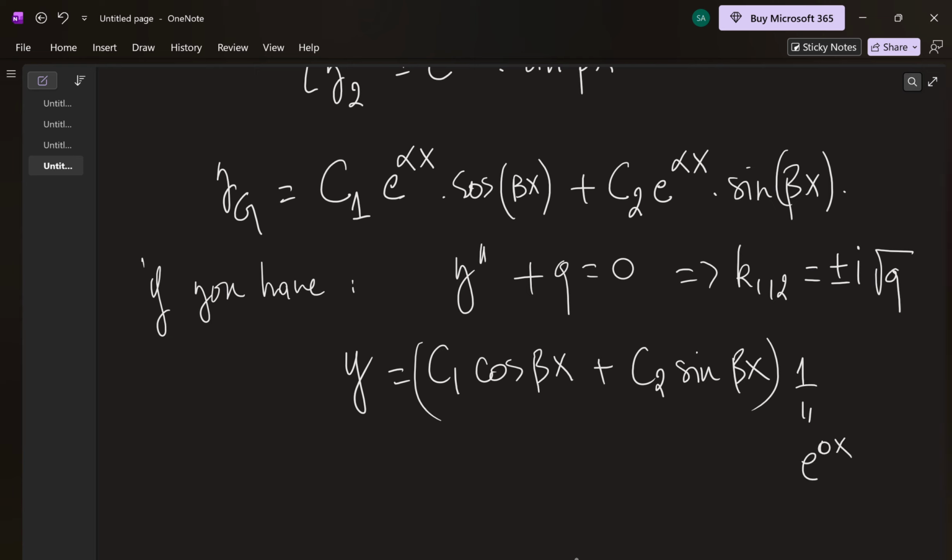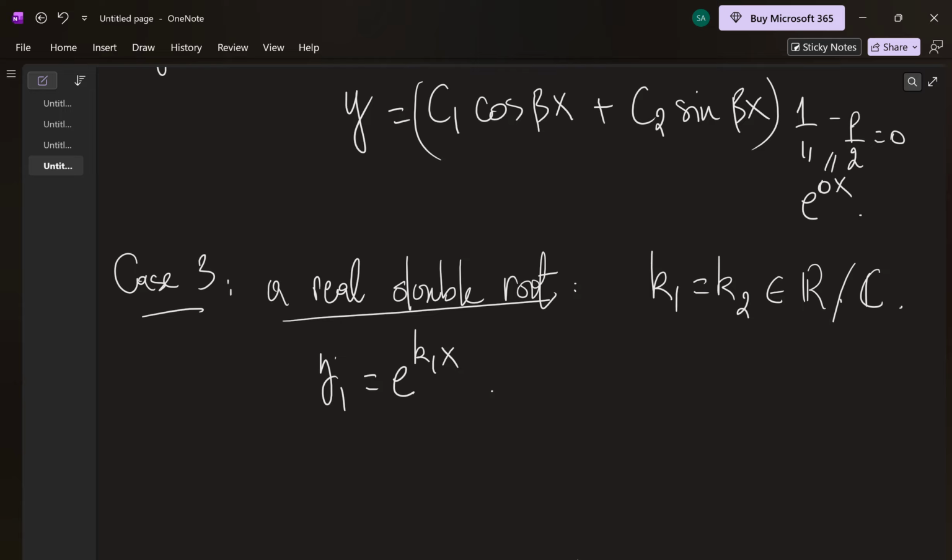How do we get the second solution? We know that the first solution is exponential k1 x, but since k1 is equal to k2, the first particular solution and the second particular solution should not be linearly dependent. So how to figure out the second solution?